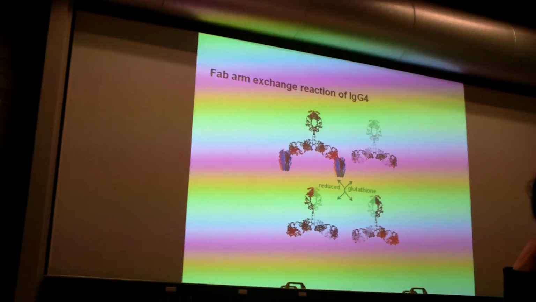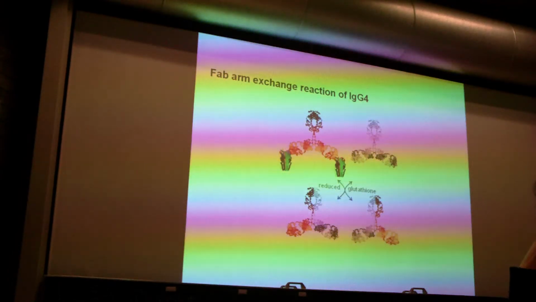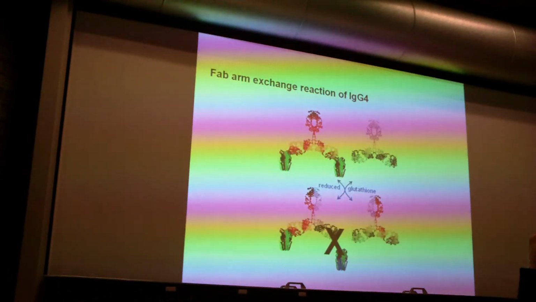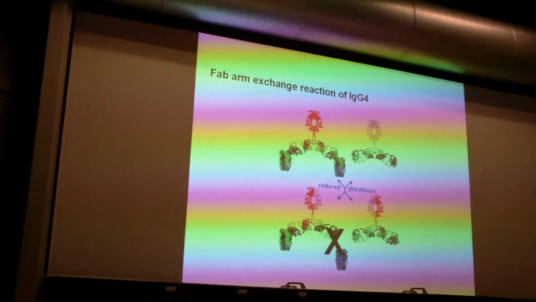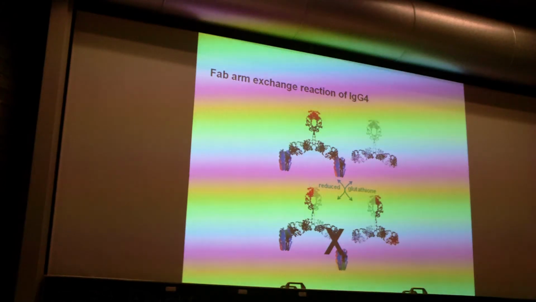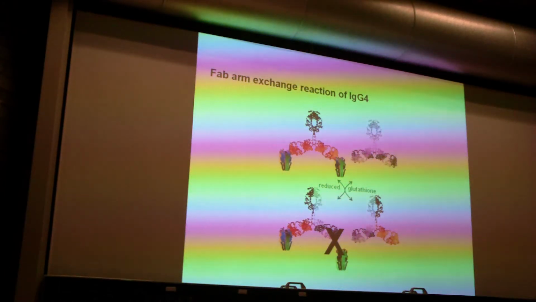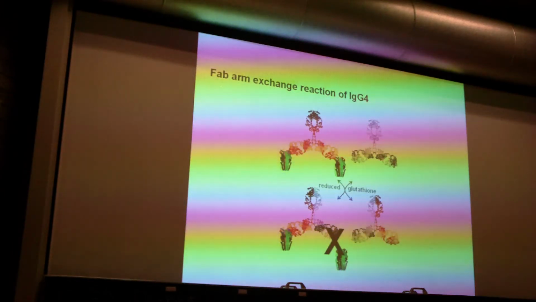So the original antibody will cross-link, but the resulting antibody very fast after that will not. This happens specifically with the IgG4 antibody, and of course this stops the effector function of cross-linking.